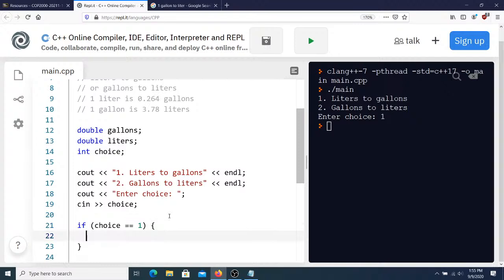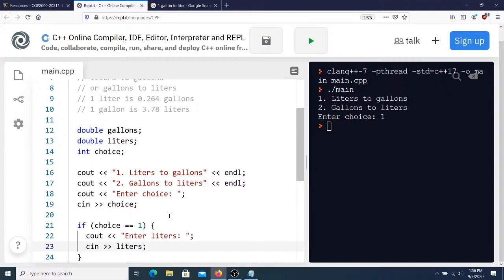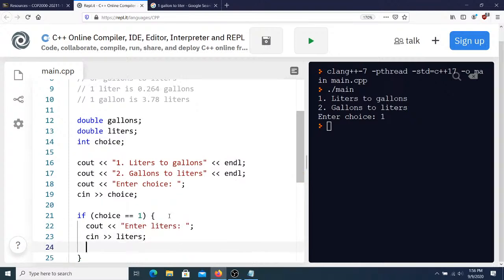And so if they entered choice number 1, we know that they're going to supply liters. They want gallons. So we're going to ask them for the number of liters. We have to store that somewhere. Where do we store it? Inside of this variable liters. We do the conversion. I know I'm going a little bit fast on these.